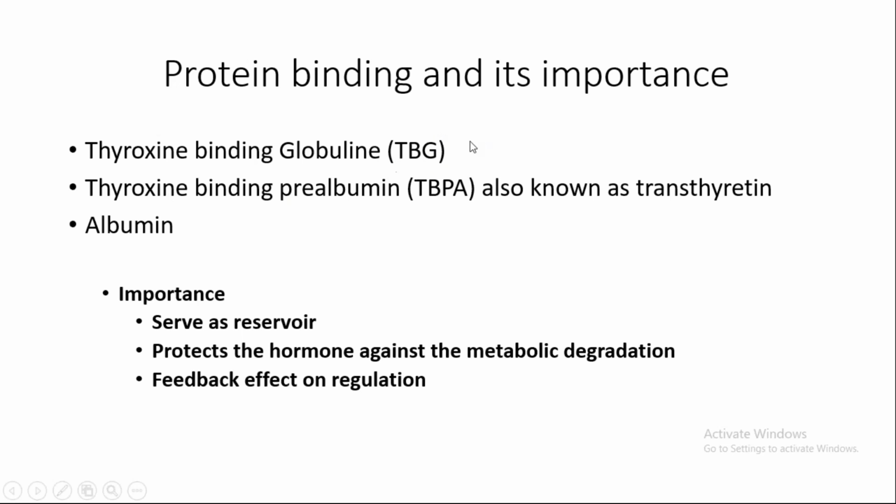Now in physiological conditions, one is pregnancy. The thyroid binding globulin level in plasma increases in pregnancy and in patients receiving estrogen or major tranquilizers. So you have to remember the TBG level increases during pregnancy.